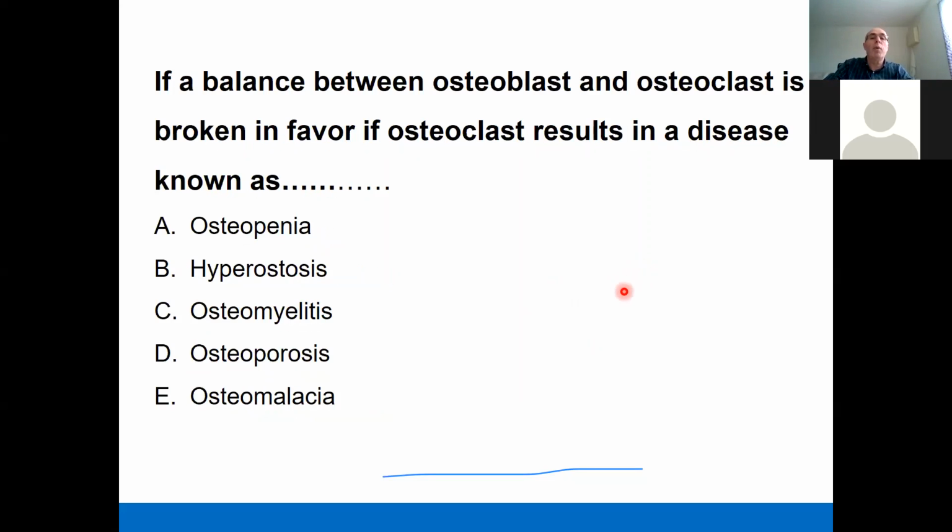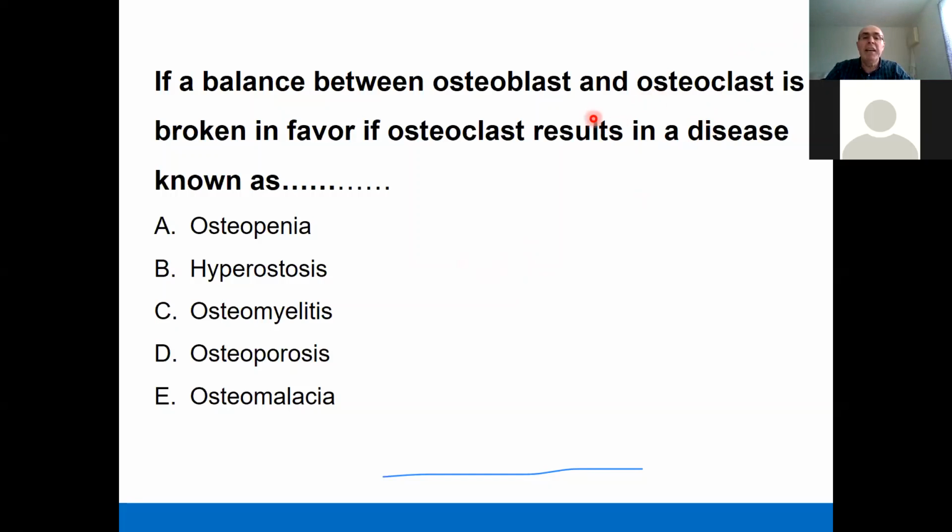Okay. Oh, we have another question. If the balance between osteoblast and osteoclast is broken in favor of osteoclast, it results in a disease known as osteopenia, hyperostosis, osteomyelitis, osteoporosis, or osteomalacia. Okay, let's see your answer.